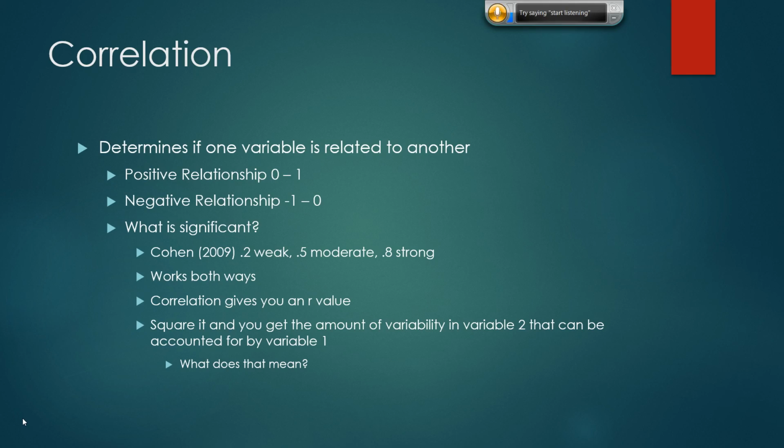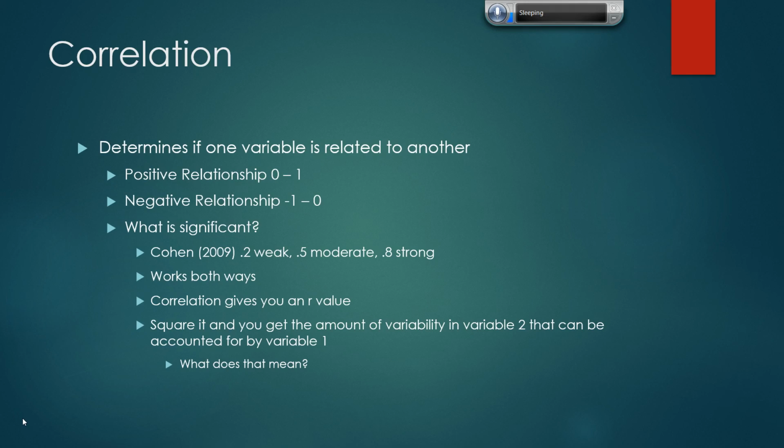Many of the tools we have will give us a correlation coefficient, but we don't really know how important that coefficient is. That's a little of what this presentation is about. Cohen, in 2009, wrote an article that said if you have a correlation coefficient of around 0.2, or the same on the negative side at -0.2, then you have what's regarded as a weak correlation.